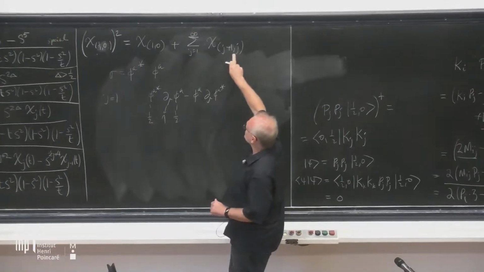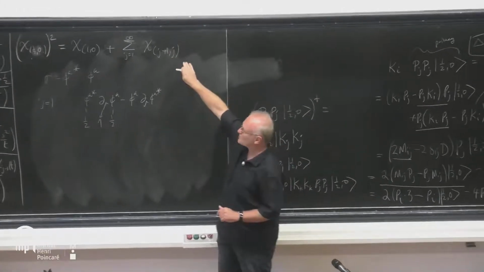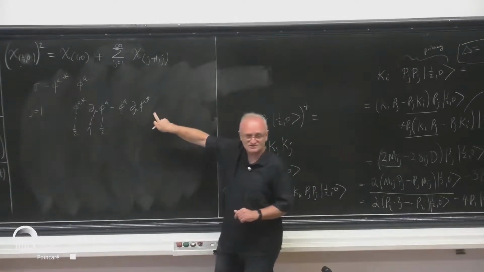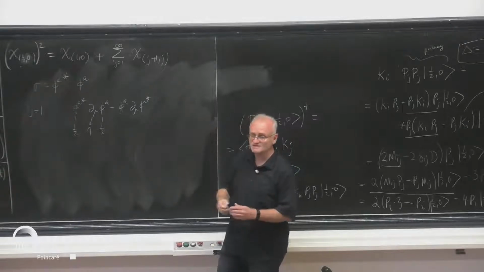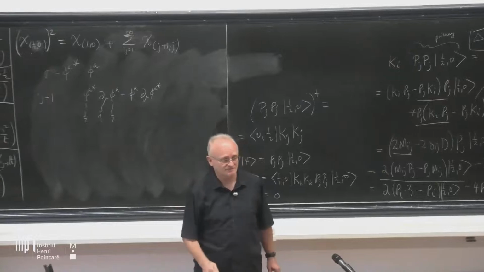So j would be 1, and the dimension would be 2. So this is the j equals 1 term in the sum. But you can see that if I set phi equal to phi star, this just vanishes. All of the odd ones disappear if you set phi equal to phi star.